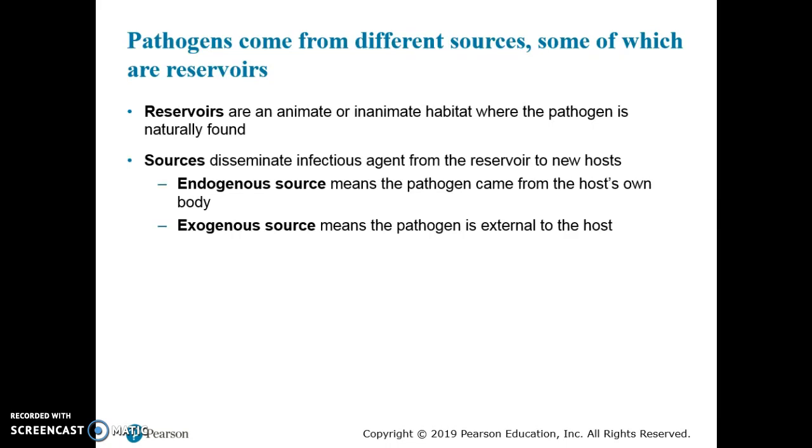In many cases, if a person comes down with a urinary tract infection, it's actually bacteria that has made its way from the GI tract to the urinary tract, and that's an endogenous source. For an exogenous source, did you get a puncture wound or some major flesh wound, and the pathogen got into your tissue through that wound or injury, and then you ended up having an infection at that point.